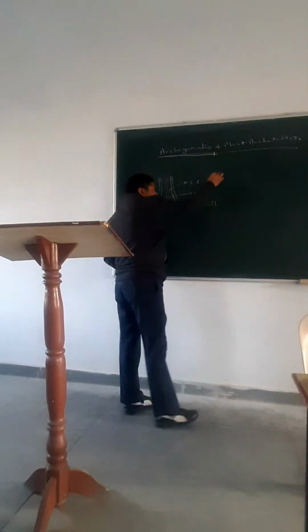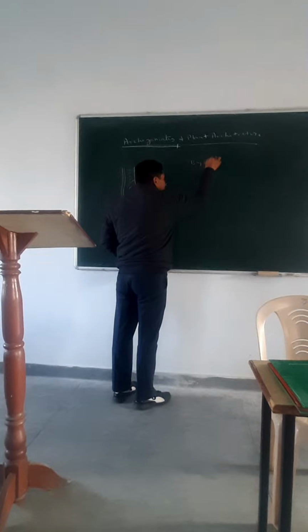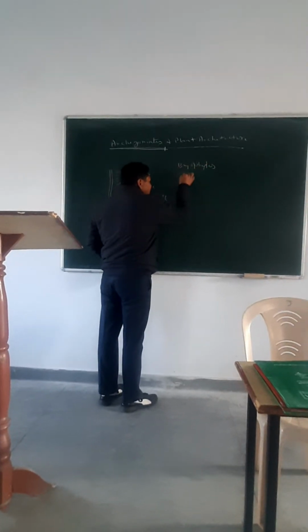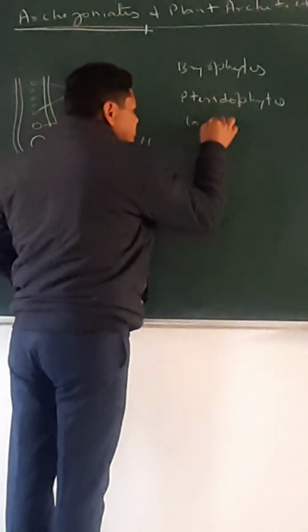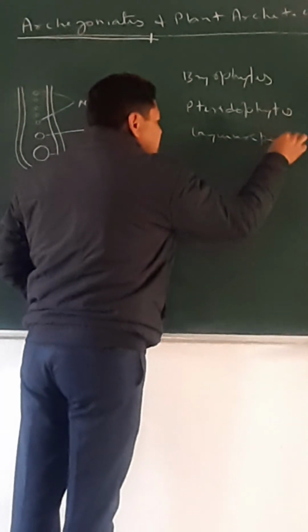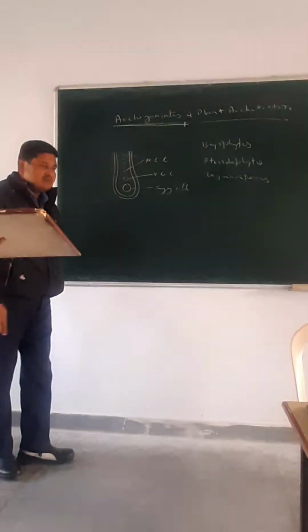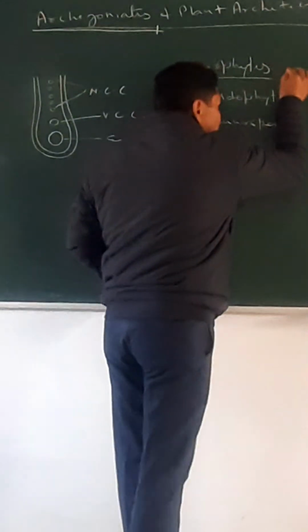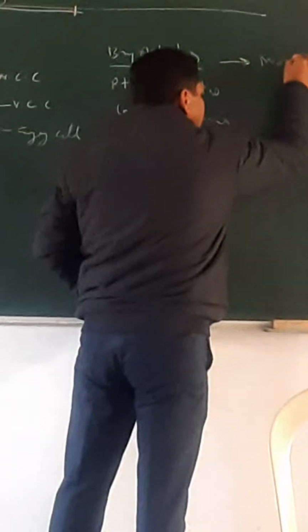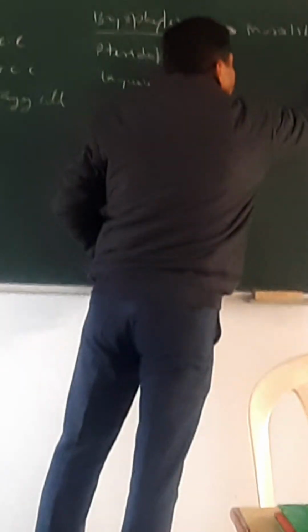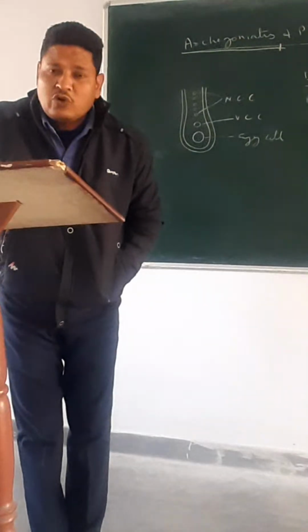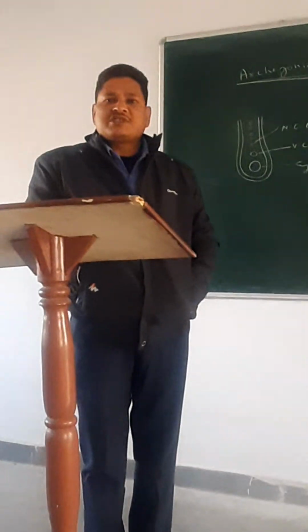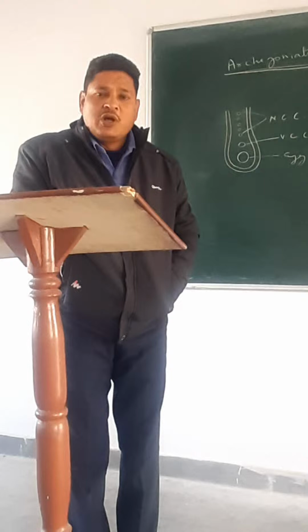The archegoniate plants are of three types: the bryophytes, pteridophytes, and gymnosperms. The bryophytes are the most simple plants, and they are also called the primitive land plants, because for the first time on the earth the plant forms on land are the bryophytes.